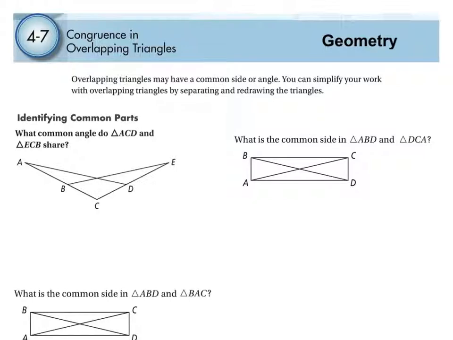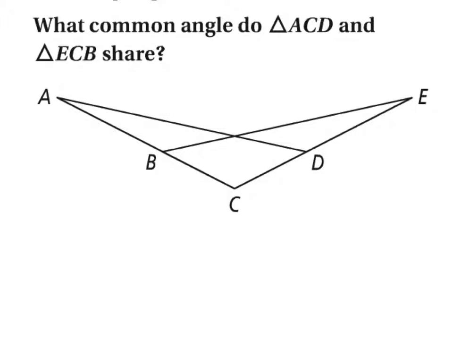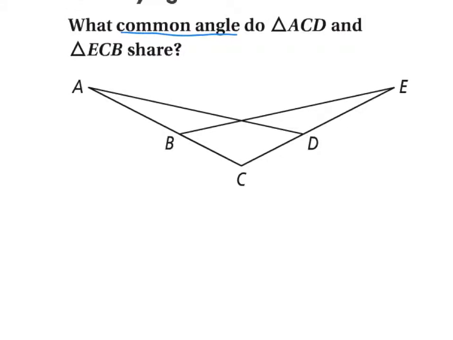So let's take a look at our first example here. All they want us to do is identify the common angle. So what I strongly suggest you do, anytime you're given a problem like this where the diagram overlaps, is to take your pencil or a highlighter or whatever you have handy and highlight what you're even talking about.